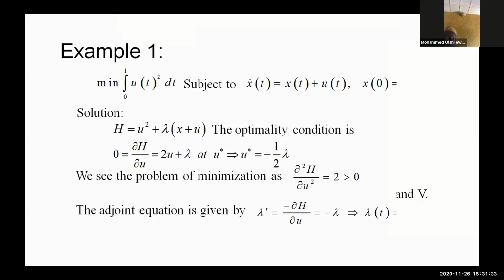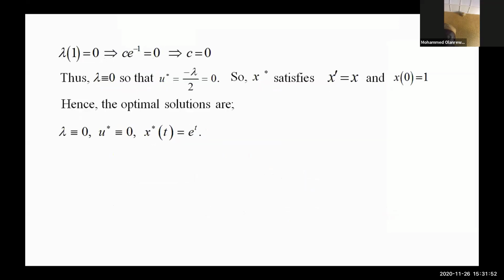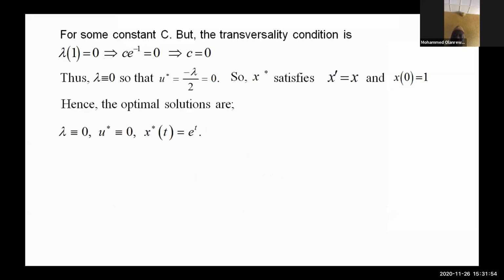We see the problem of minimization. Even if the MIN is omitted, one can still know, because if you carry out the second partial derivative, since 2 is greater than 0, we already know that it's a minimization. So then the adjoint equation is what we have there. For some constant C, we find the transversality condition, lambda of 1 equal to 0.